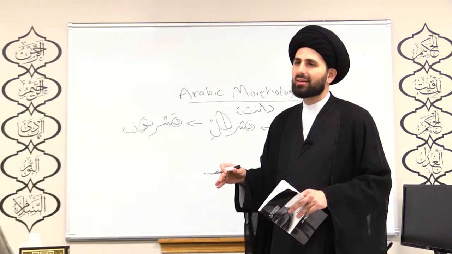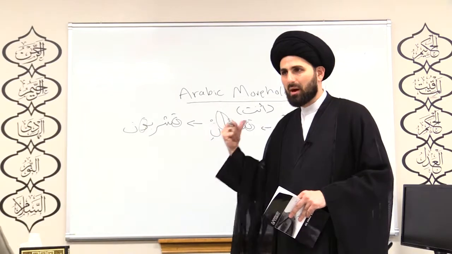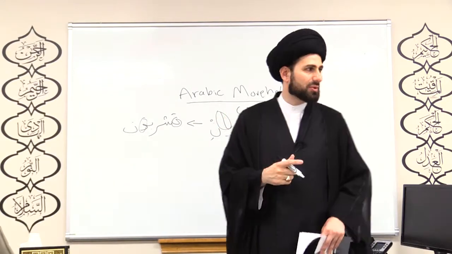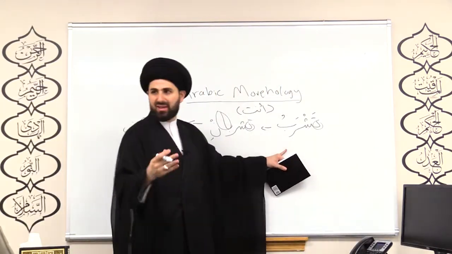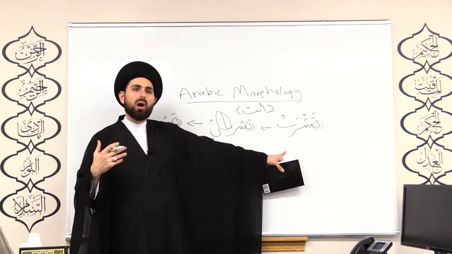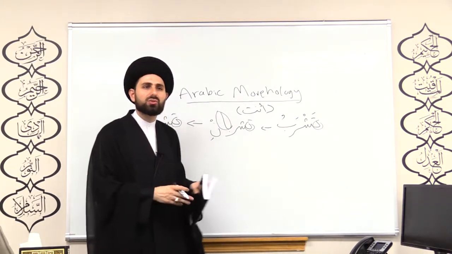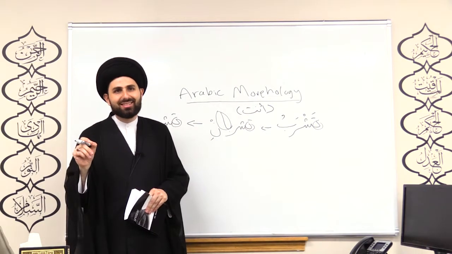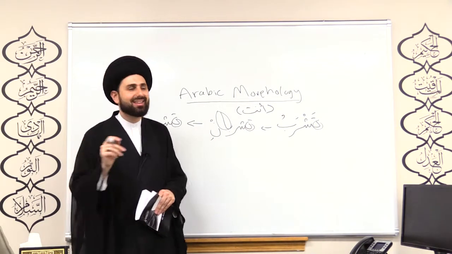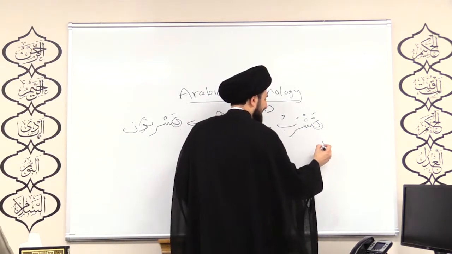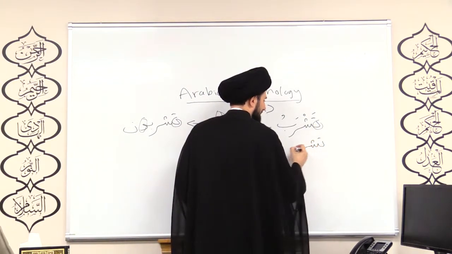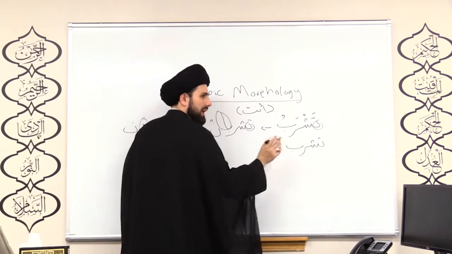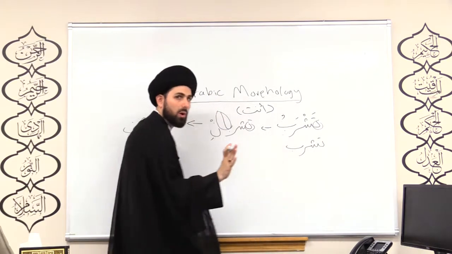Now this is the masculine. Let's make the feminine form of this mukhatab, of this second person. So if you're talking to a female in the second person and you want to tell her you are drinking, what do you say? Tashrabina. See, keep tashrab. Because tashrab means second person and the ta here is for what?